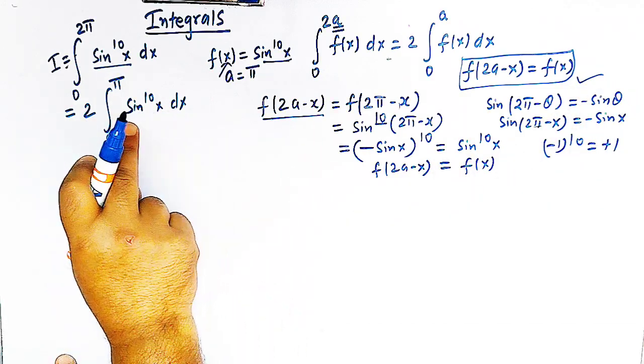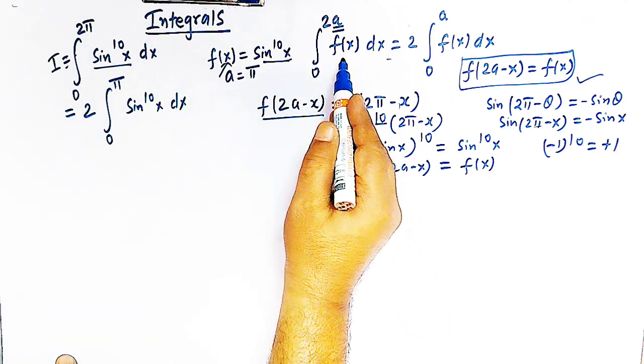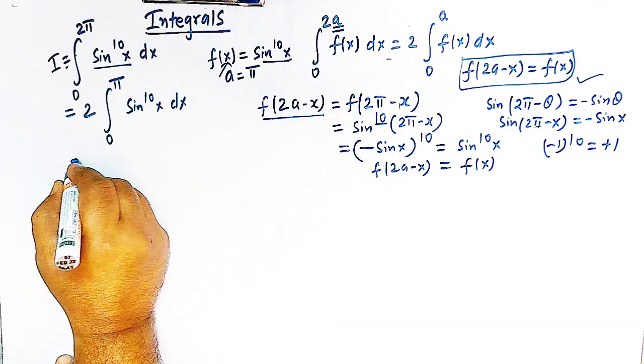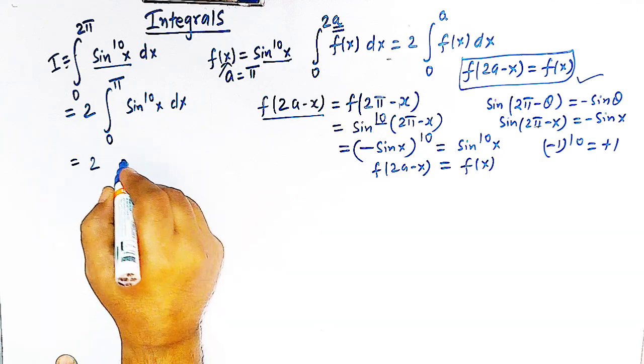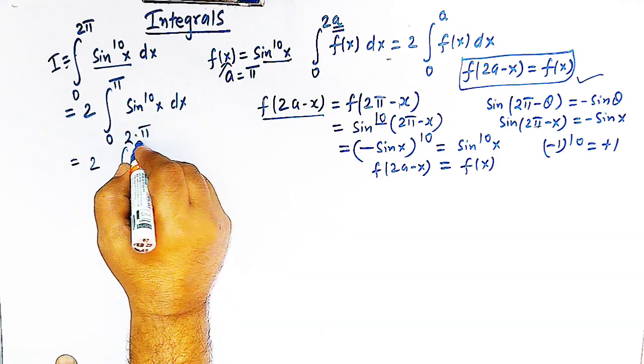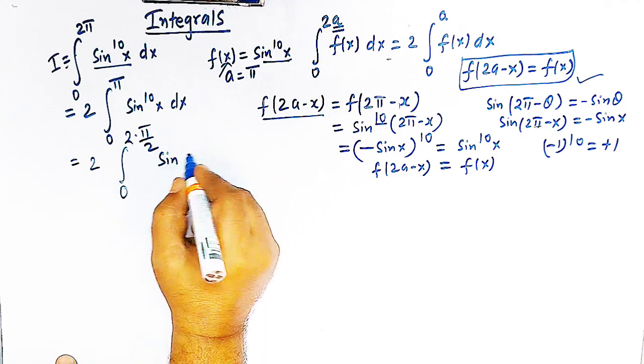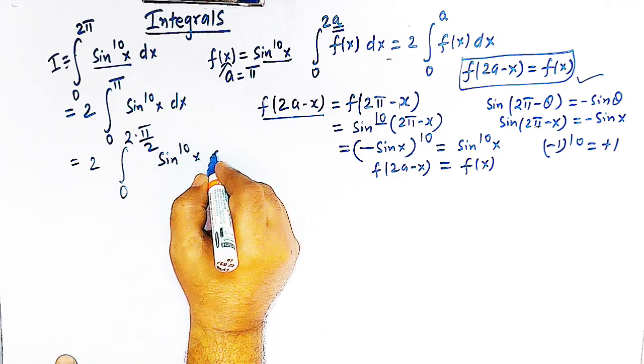So now we have this expression. Now again let us apply this property. So we can now write this integral as 2 times the integral from 0 to 2 times pi over 2, and here we have sine x raised to 10.